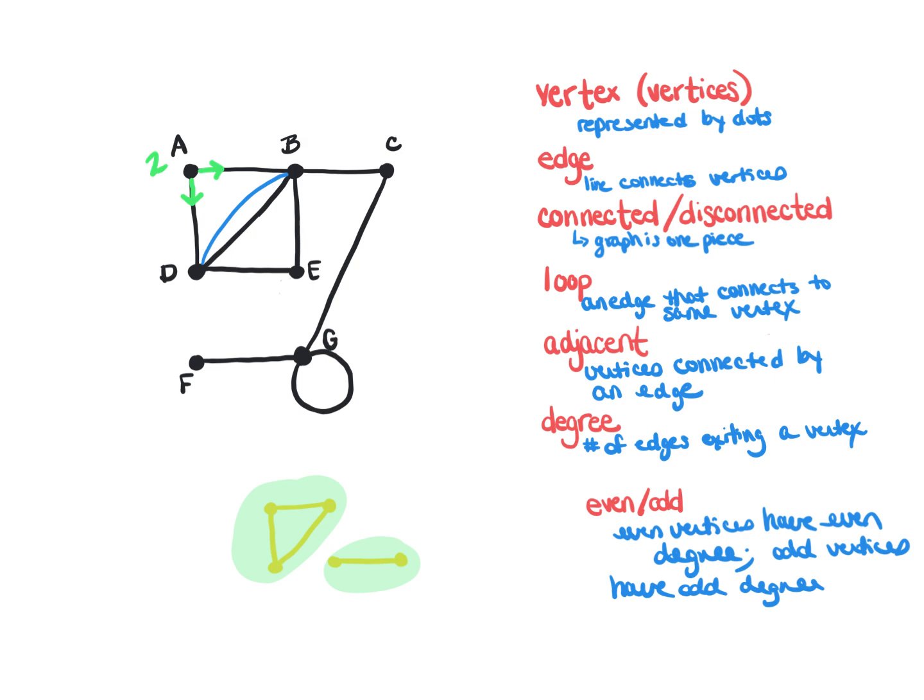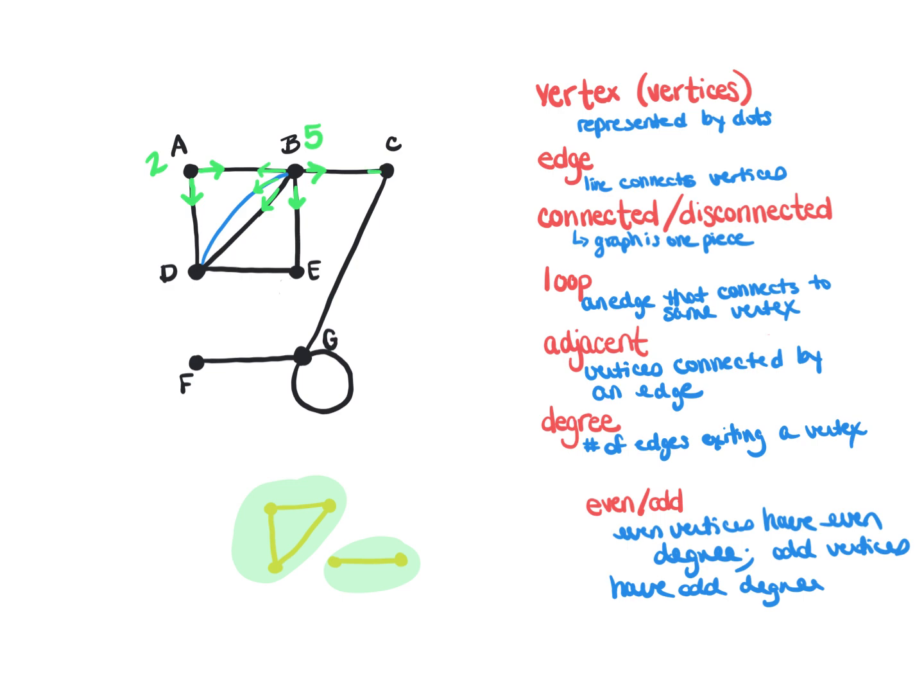When we look at vertex B, notice I have one edge going toward A. I have 2 different edges going toward D. There is an edge going toward E, and there's an edge going toward C. When you add those up, that is 5 different edges leading away from B, or a degree of 5.